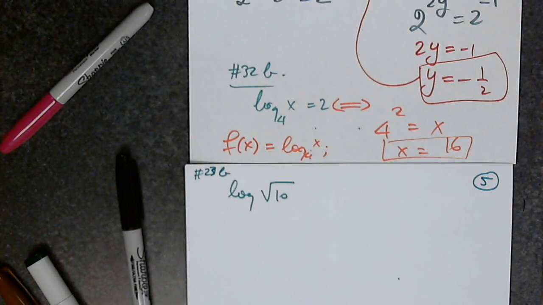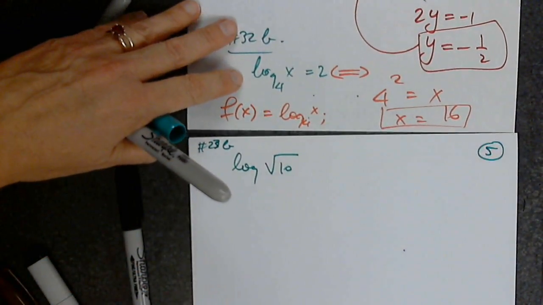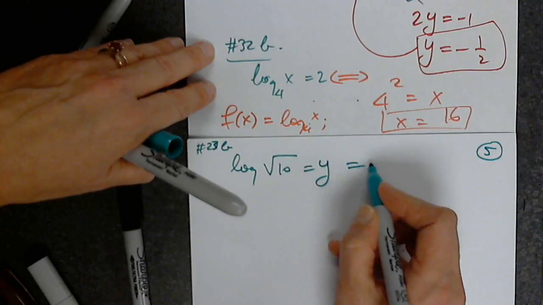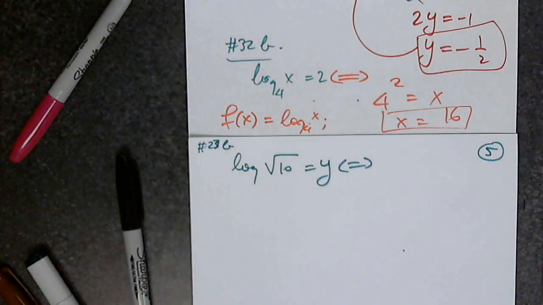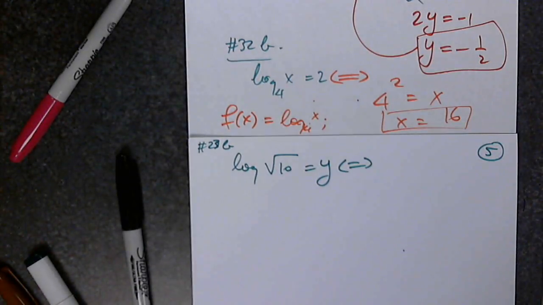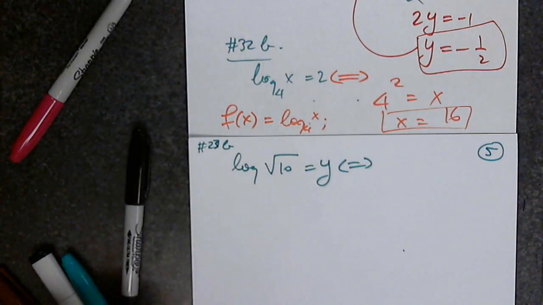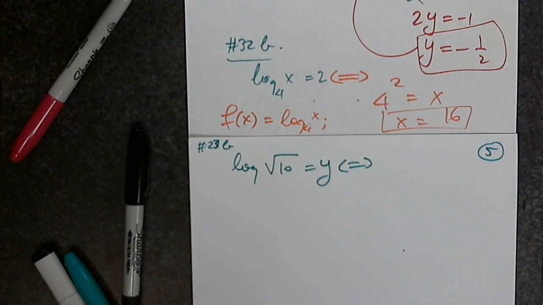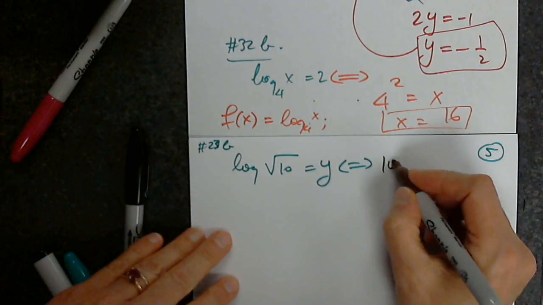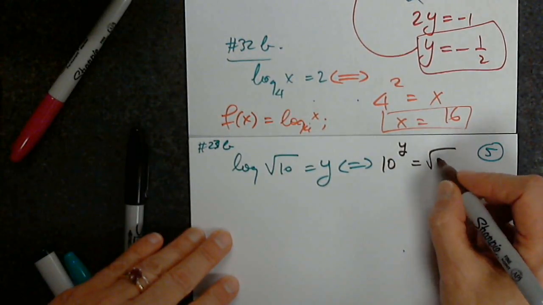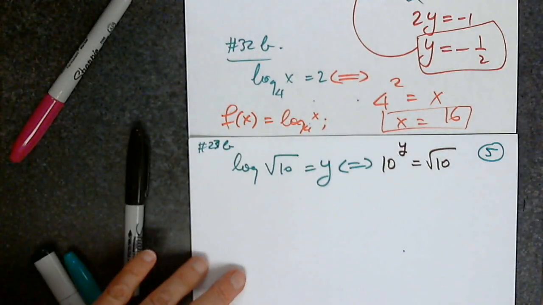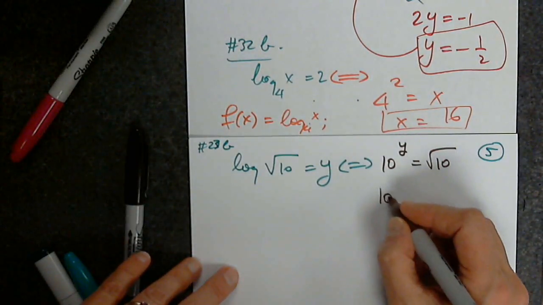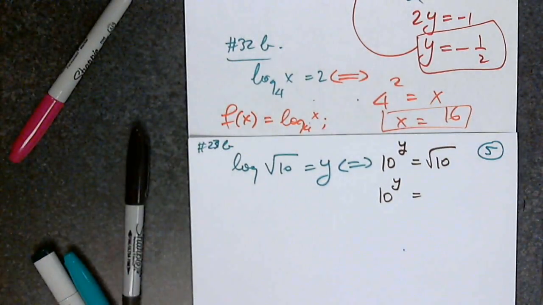Good. So again, I have no clue what this is. I'm going to call it y. But I know that there is an equivalency between this log equation and the exponential equation. And which exponential equation are we talking about? Yes. 10 raised to y equals the square root of 10. The left-hand side, I cannot do anything to it. But the right-hand side, I'm hoping that I can rewrite it with the same base.